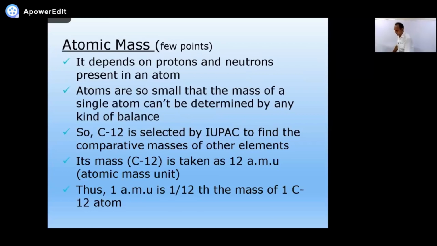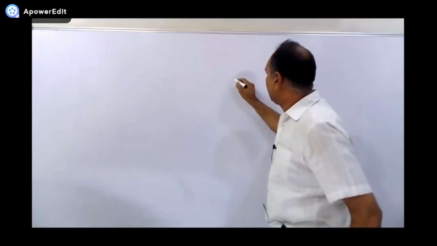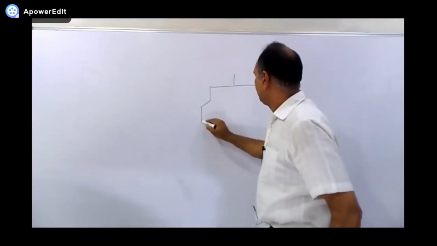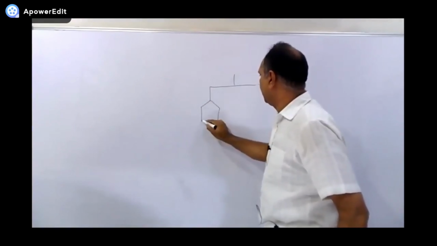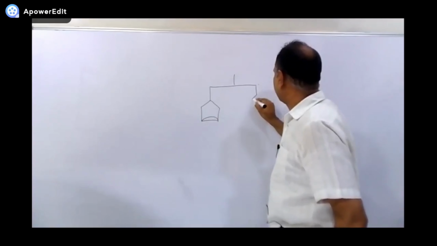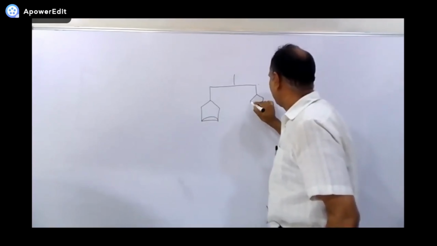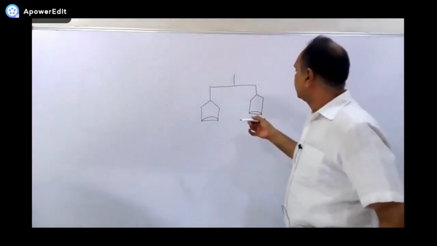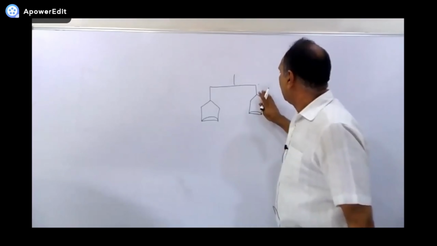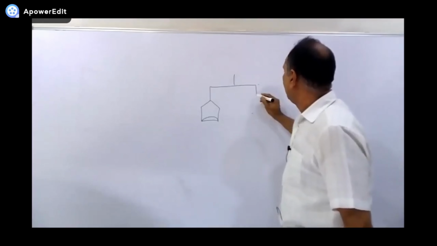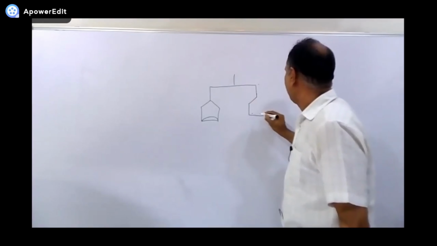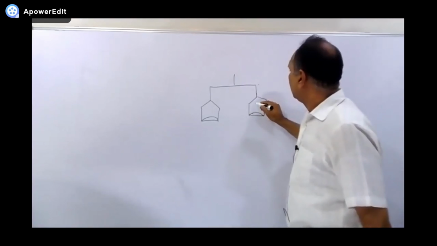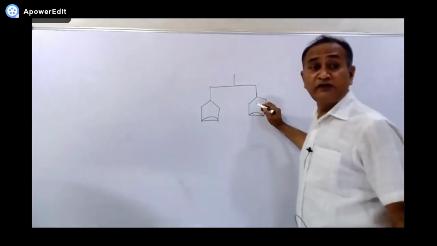Let me tell you. If we have a balance, this is one pan and this is another pan. Here we put oxygen, as we want to know the weight of oxygen.